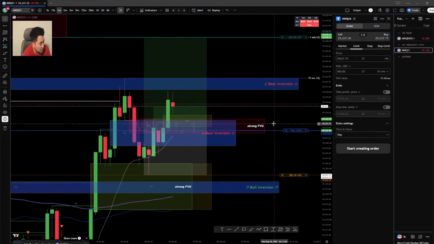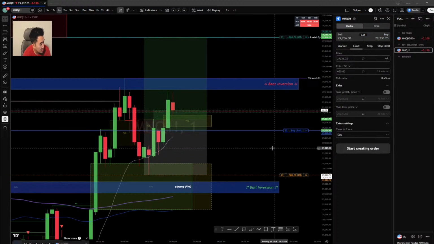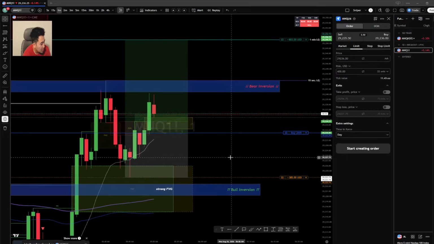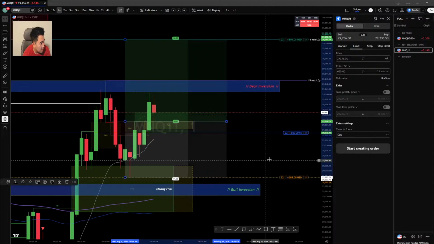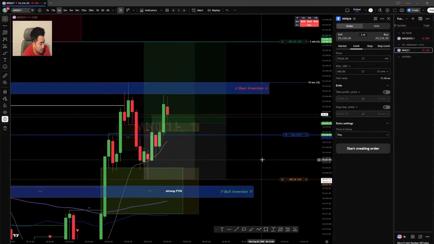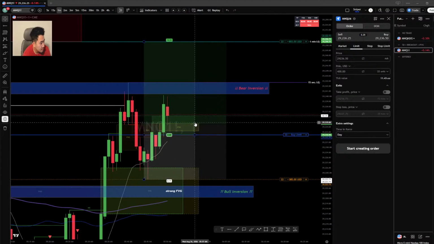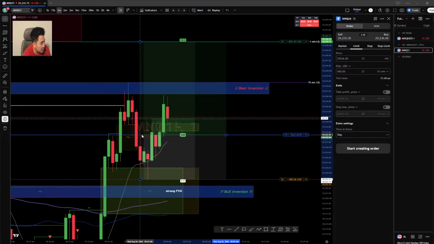See if it pulls back. It closed over this and this, so we won't have to worry about that. See if price can tag us back in. The limit order would be down here.